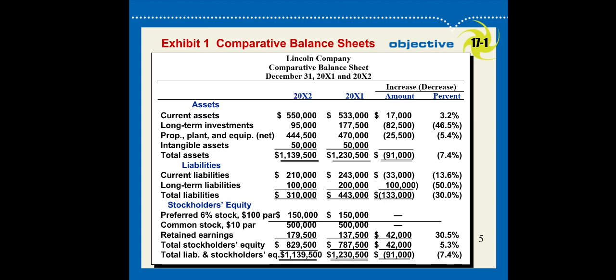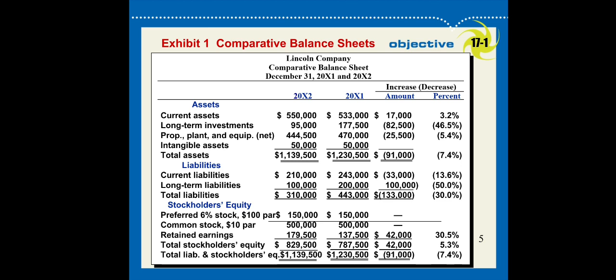For example, for current asset, the amount of increase is 17,000, because in year 2000x1 the current asset is 533,000 and in year 2000x2 it is 550,000. So there is an increment of 17,000. That is what you have to calculate.